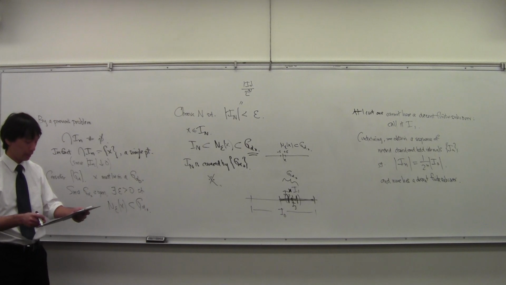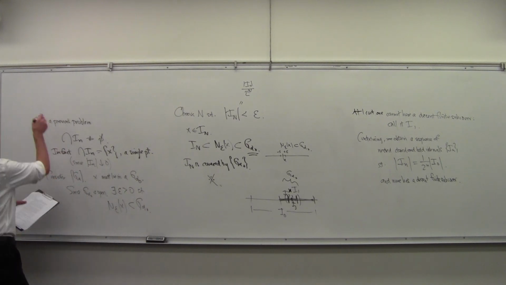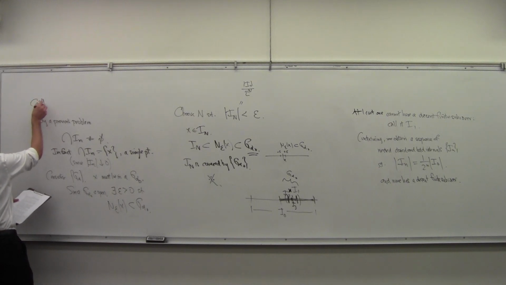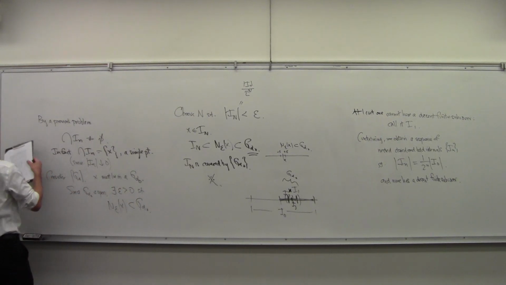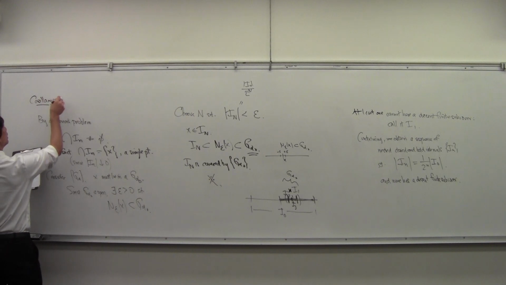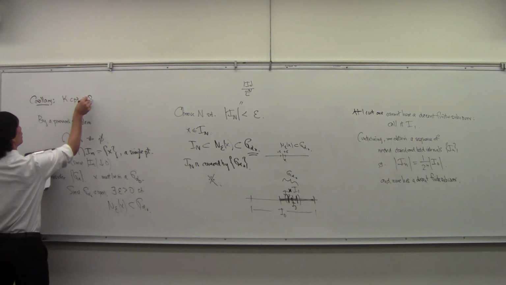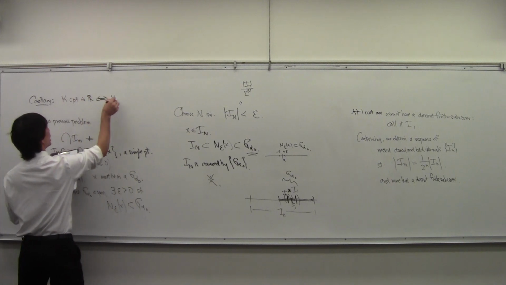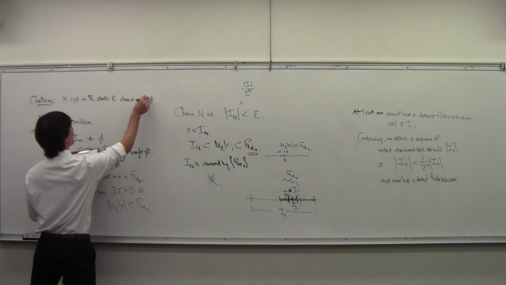And that corollary, that K compact in R is equivalent to K being closed and bounded, has a name.